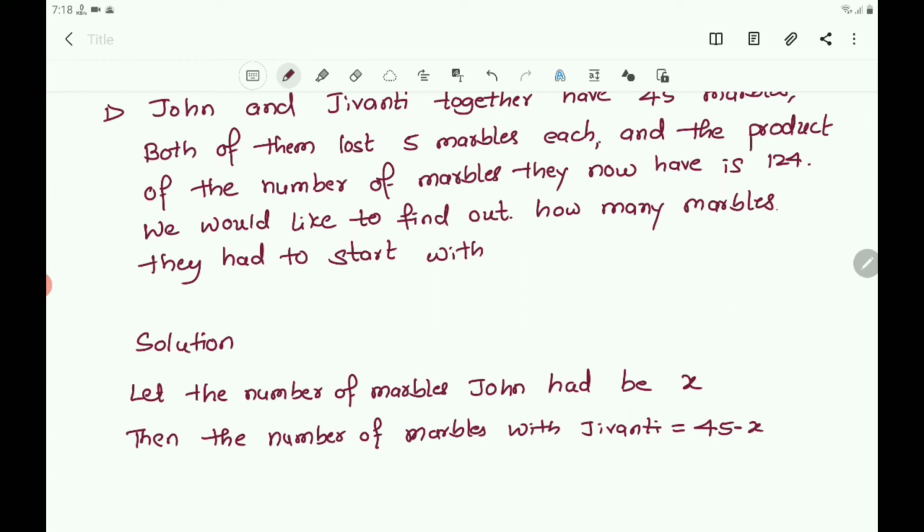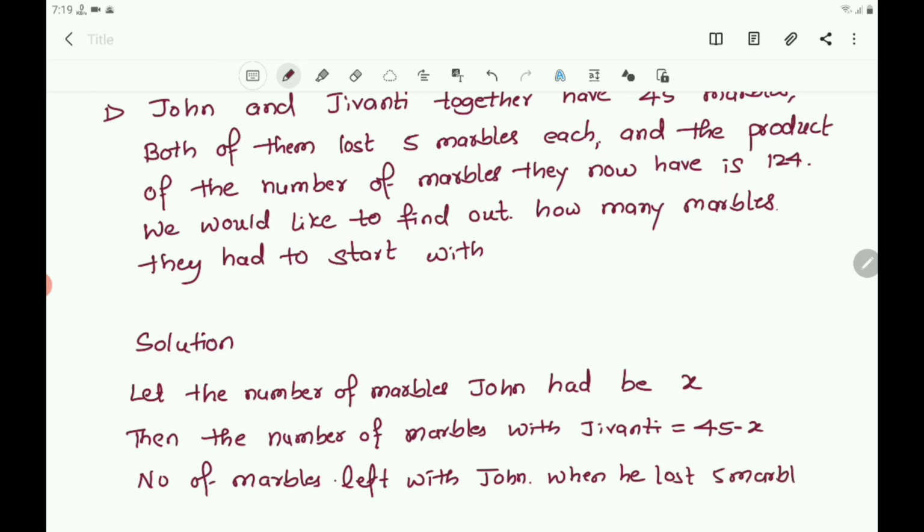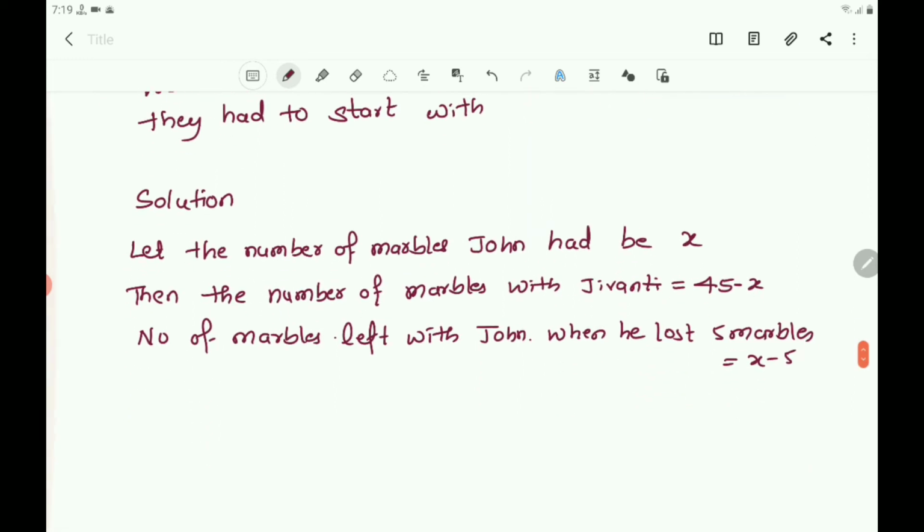So you take the number of marbles left with John when he lost 5 marbles equals x minus 5.